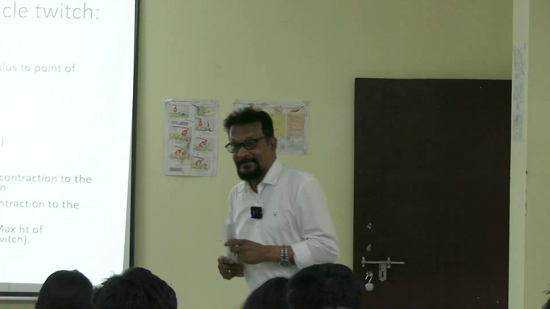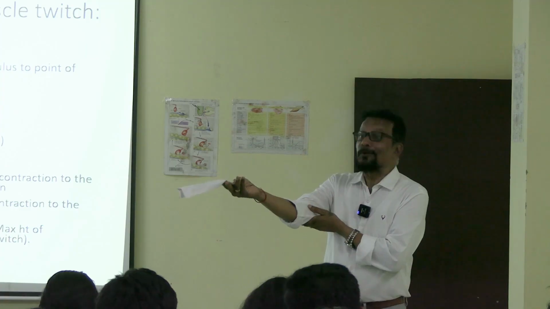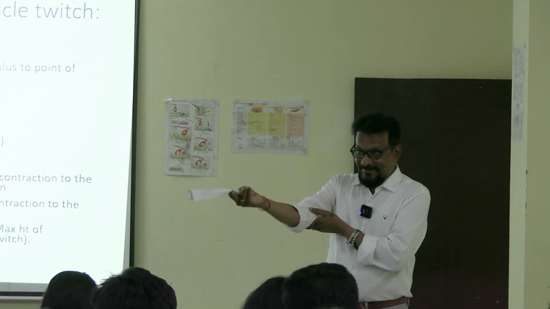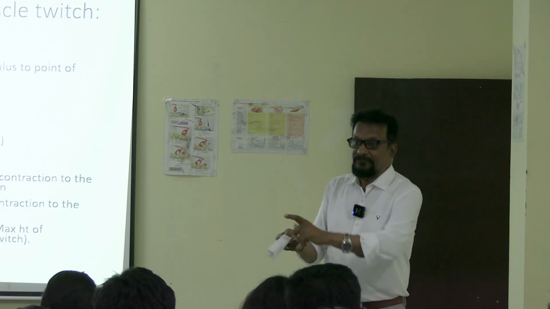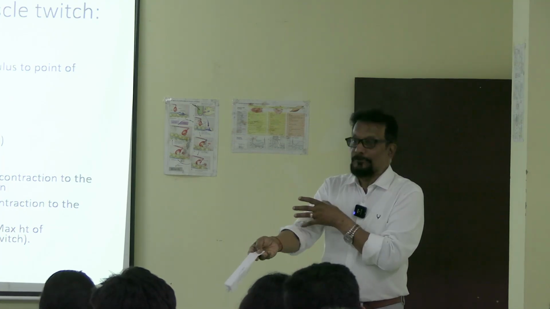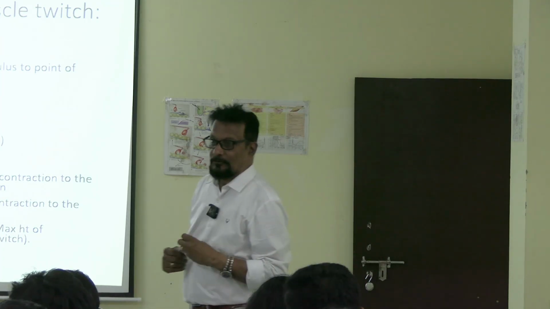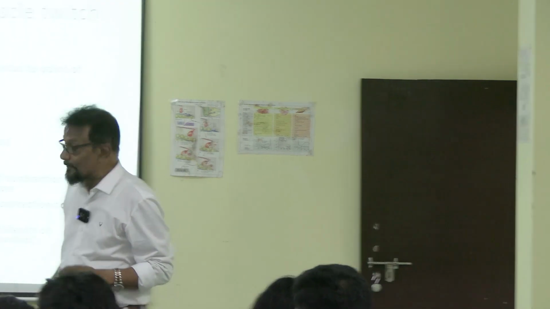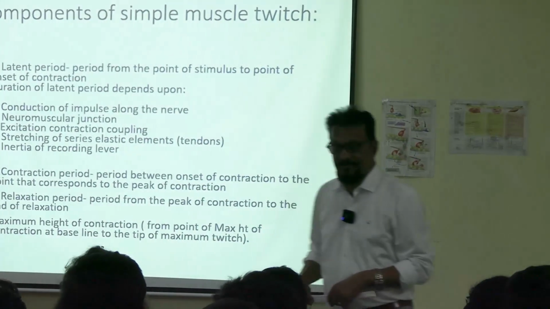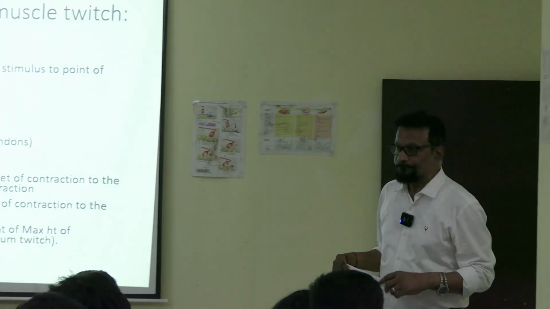And lastly, inertia, weight of the arm, long arm. If the weight is more, the inertia will be more. So this will take more time. So if I ask what are the causes of latent period, you have to write all these 5 points. Again you go through it. If you don't understand, please tell me.